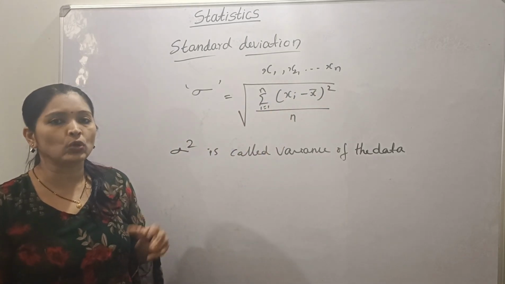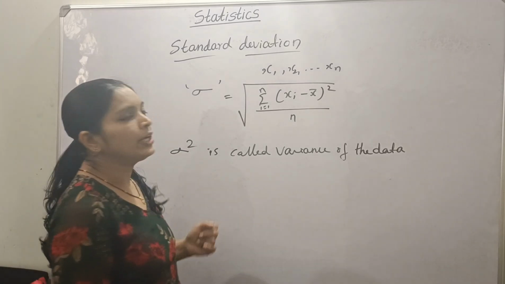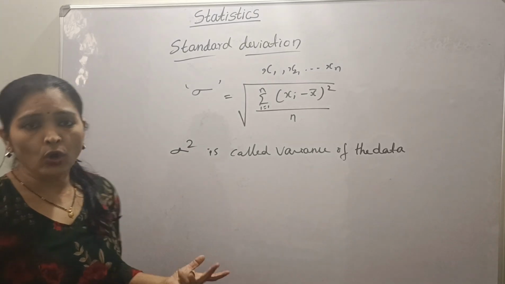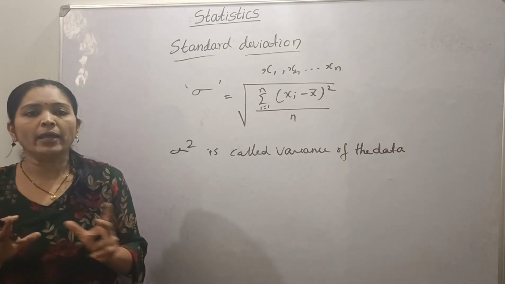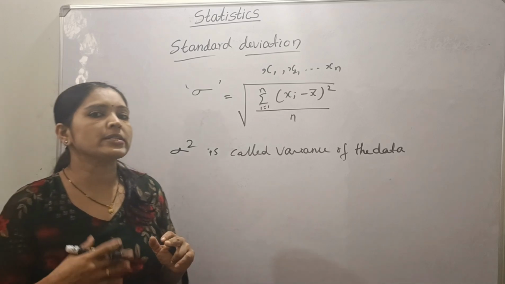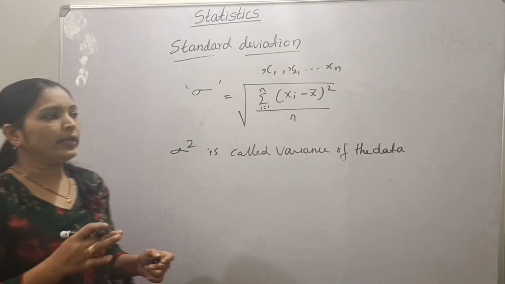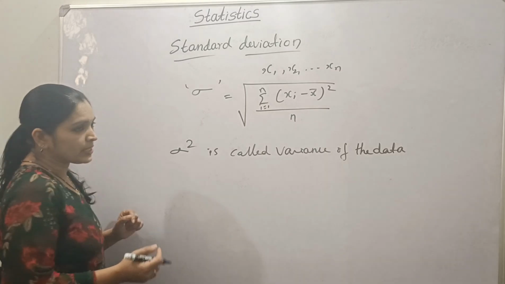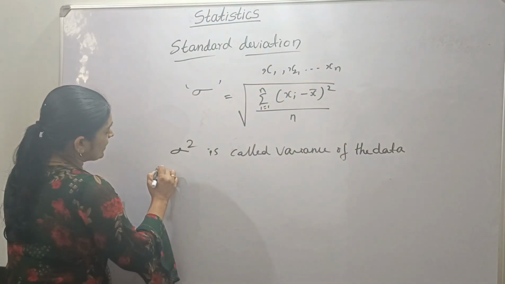So what about grouped data? Now let us see standard deviation for grouped data. We know that grouped data can be grouped in two ways, that is discrete frequency distribution and continuous frequency distribution. First of all let us go through discrete frequency distribution.